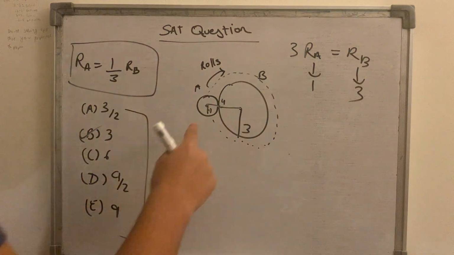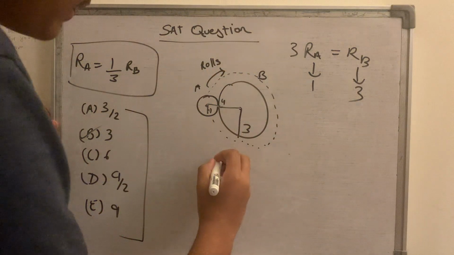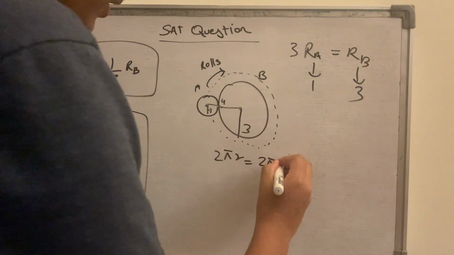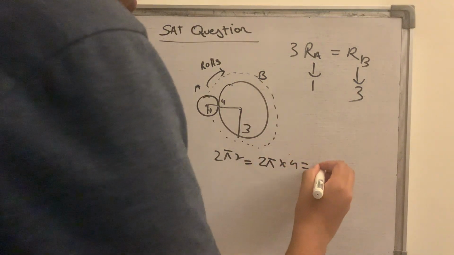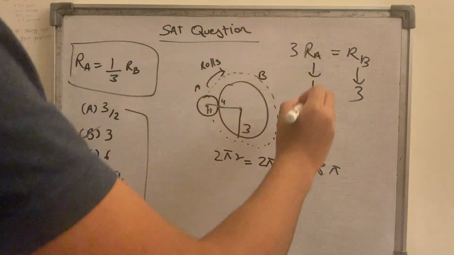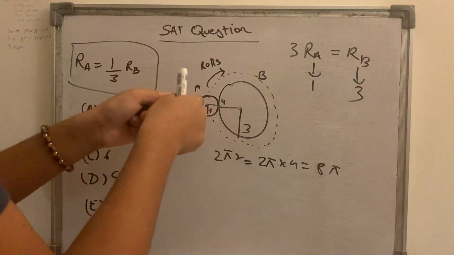All right, so let's find out the total distance this point will travel. That will be 2 pi r, that is equal to 2 pi into 4, that is equal to 8 pi. So this point will have to travel 8 pi distance to come back to the same point.